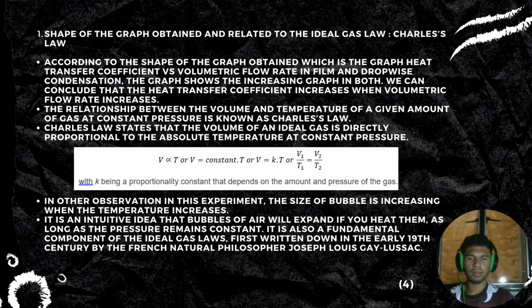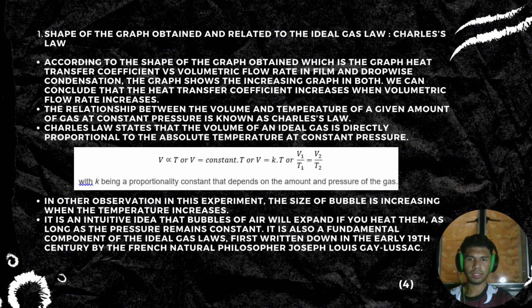Mathematically, Charles law can be written as V proportional to T, or V equal to a constant times T, or V equal to KT, or V1 over T1 equal to V2 over T2, with K being a proportionality constant that depends on the amount and pressure of the gas. In another observation in this experiment, the size of the bubble increases when the temperature increases.